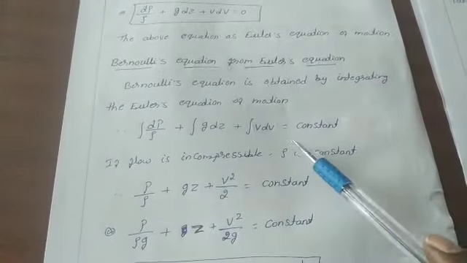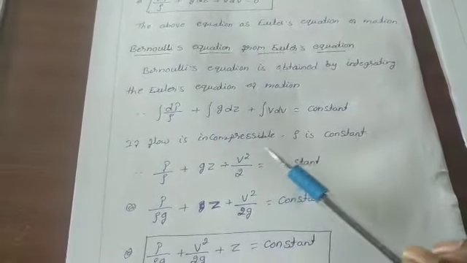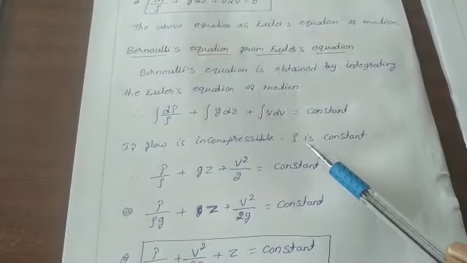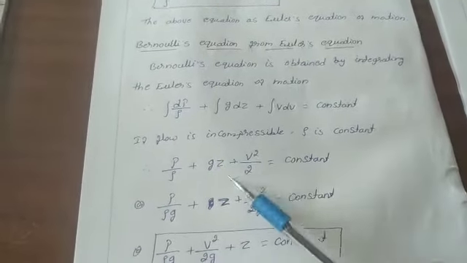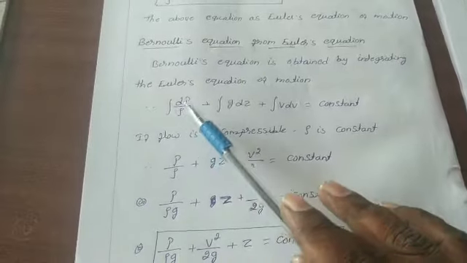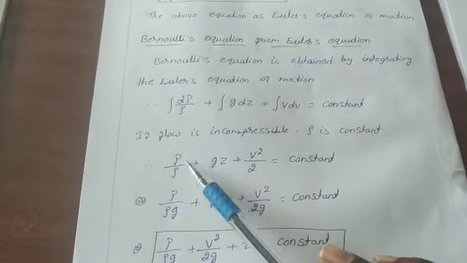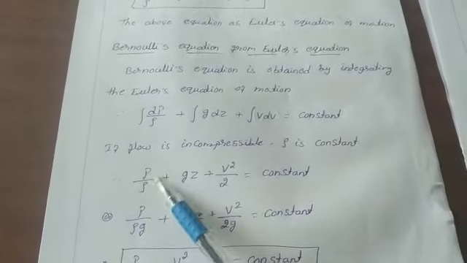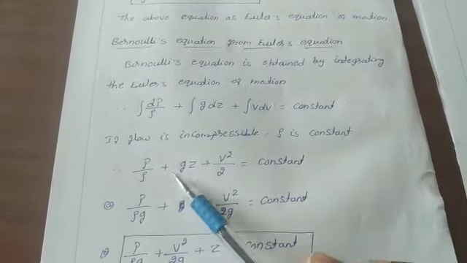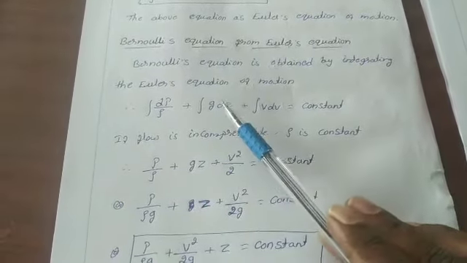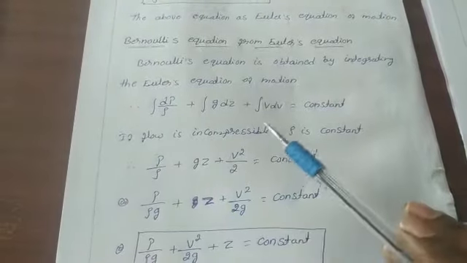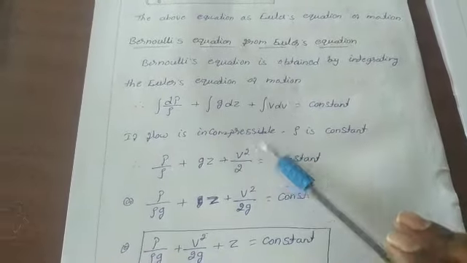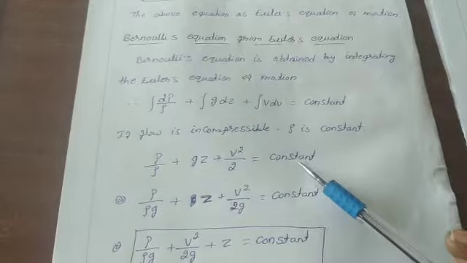If the flow is incompressible, the density is constant, so the integral of 1 by rho into dp is p by rho, plus g is common, so the integral of dz is z, plus the integral of v dv, which is v square by 2, is equal to constant.